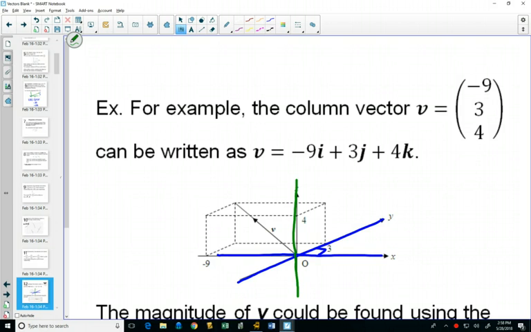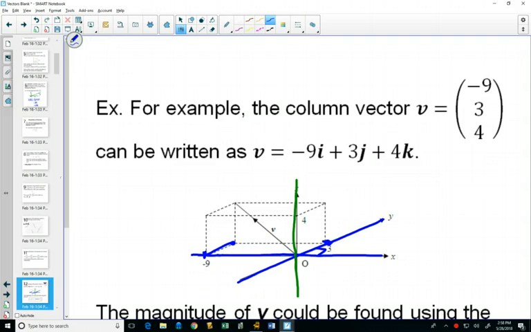If I want to draw the vector -9, 3, 4, that would go -9 in the x direction. So that, on my graph, is right here, because that would be your -x. You need to go 3 in your y direction. So here's 3 on my y-axis. This same distance on this same angle I would measure that way.